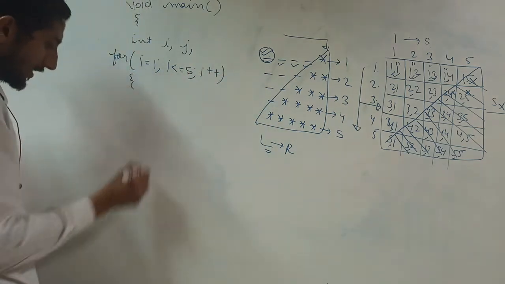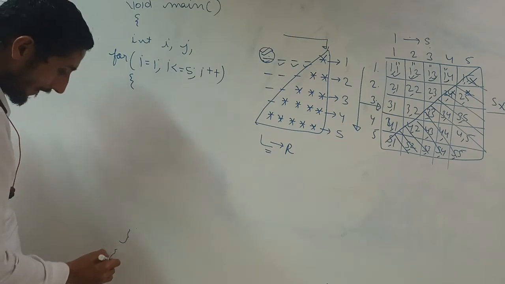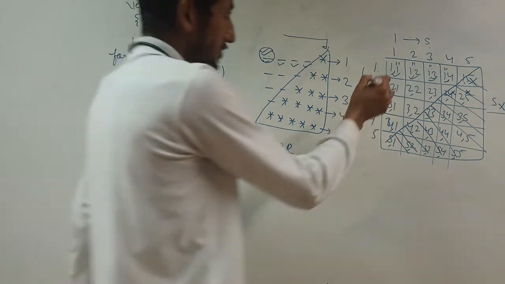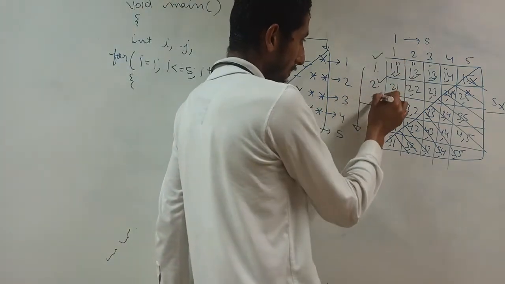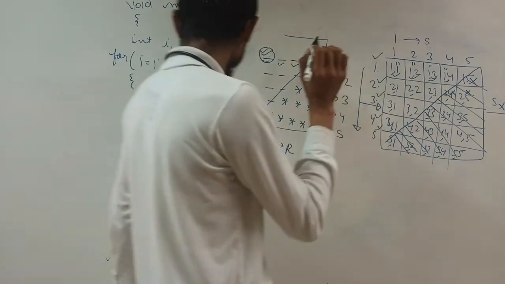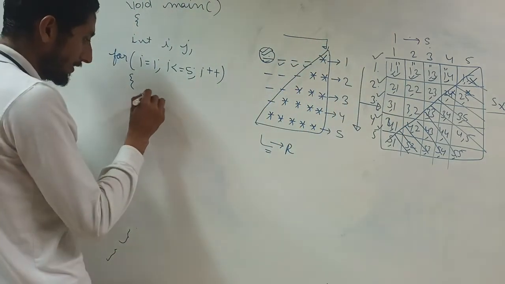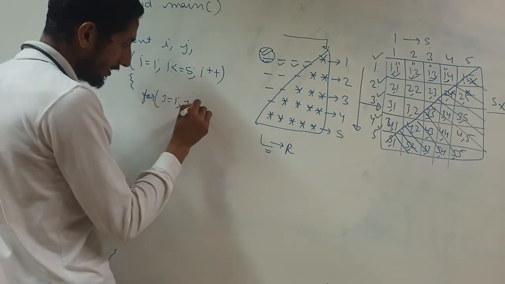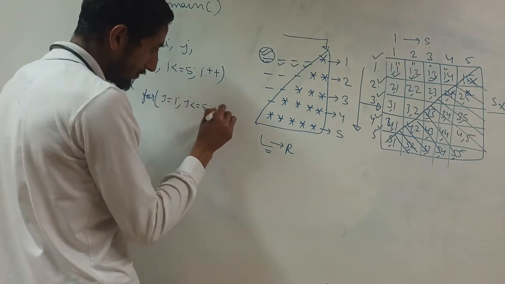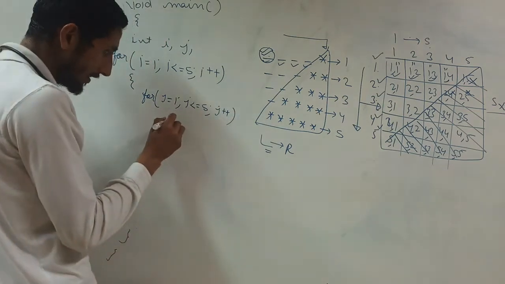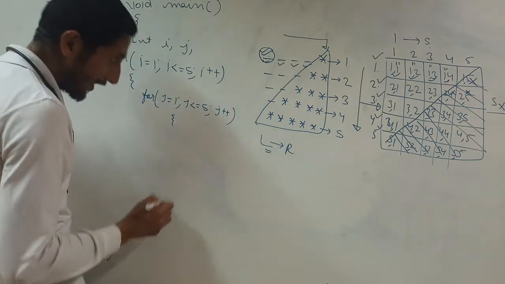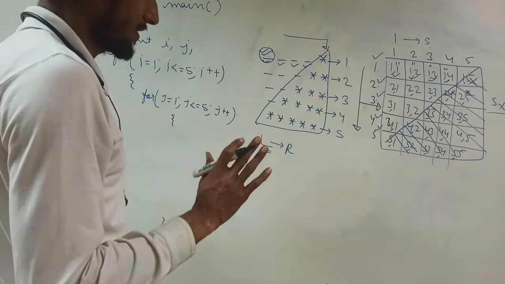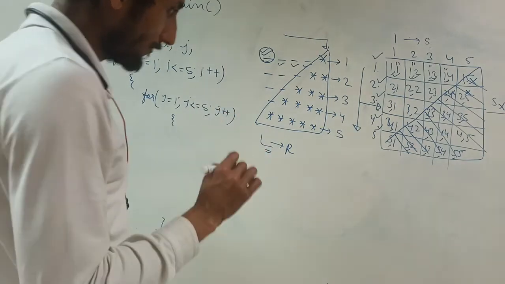This loop indicates there will be 5 rows: row number 1, row number 2, row number 3, row number 4, row number 5. And let me apply the loop for j equals 1, j less than or equal to 5, j plus plus. It says that in every line I have to print 5 times.